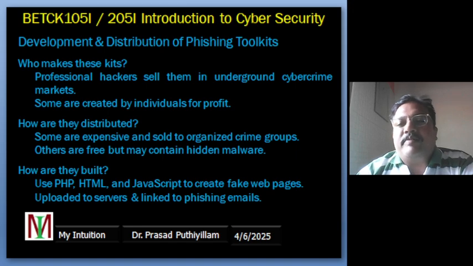Others are available for free but may contain hidden malware which steals data from both victims as well as the attackers using the kit. So how are they built? They are built with the coding language called PHP, which is combined with HTML and JavaScript to create the fake web pages. So these pages are uploaded to the server and linked to phishing emails that trick the people into visiting those sites.